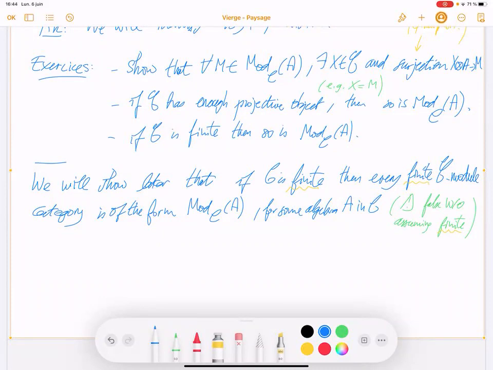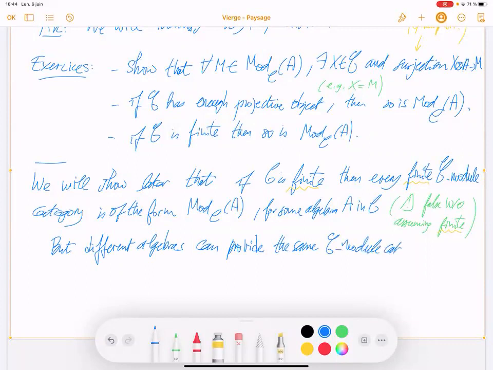It's always of this form, but as I said, different algebras can provide the same C-module category, mod-CA.